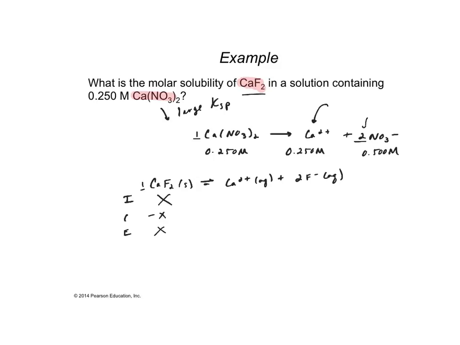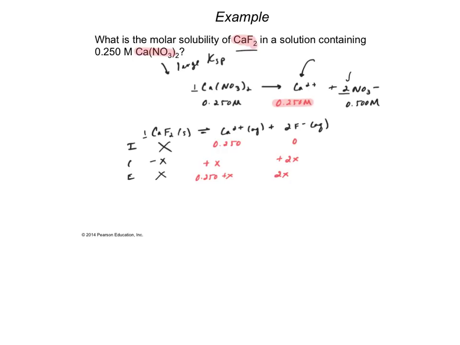But now the big difference, and the way this gets affected by this common ion, is instead of assuming that we have 0 calcium initially, we have 0.25 molar calcium initially. So I'll go ahead and plug that in. We've got 0.250, and we have 0 of this. Now everything else is the same. We'll have a minus x, or no, plus x, pardon me, and then plus 2x. And then at equilibrium, we'll have 0.250 plus x, and then we'll have 2x.